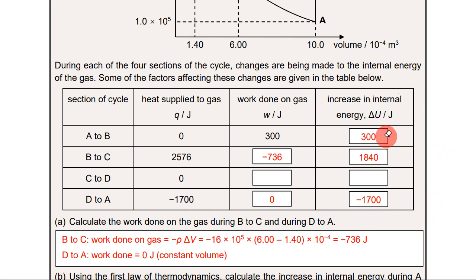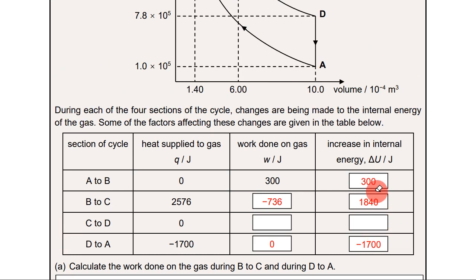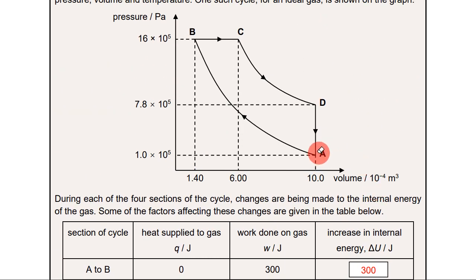Once we fill up the three parts of the cycle, we can figure out this part here, because we know that in a cycle, the total change in internal energy will be 0. This is because in a cycle, let's say we start from A, after one cycle the gas returns to its original state.